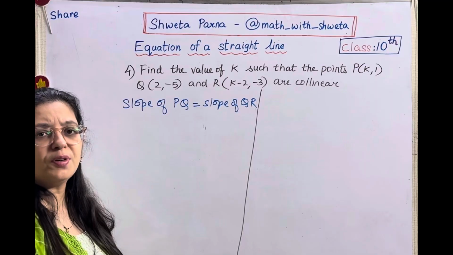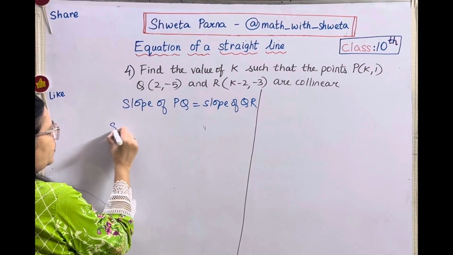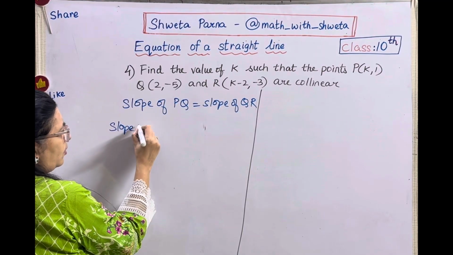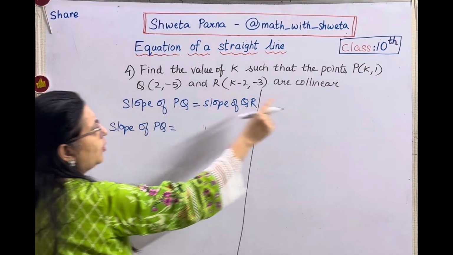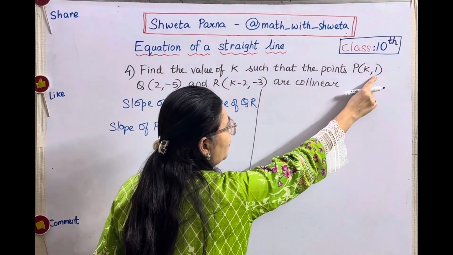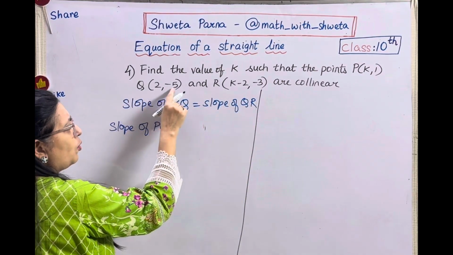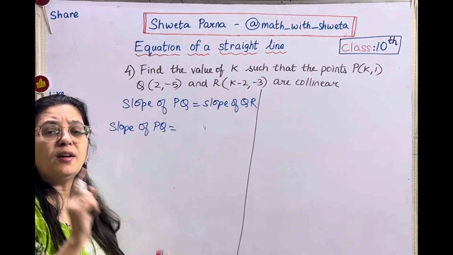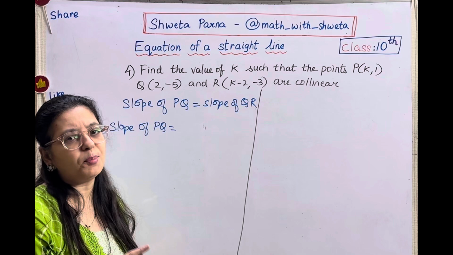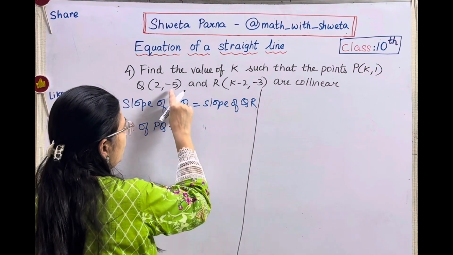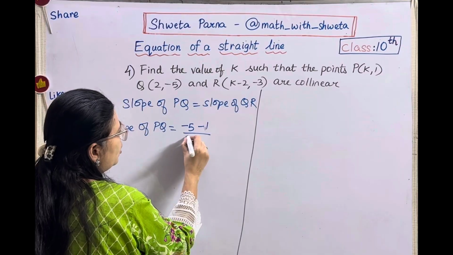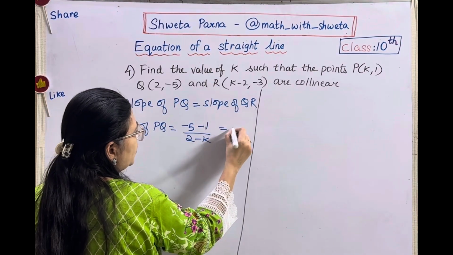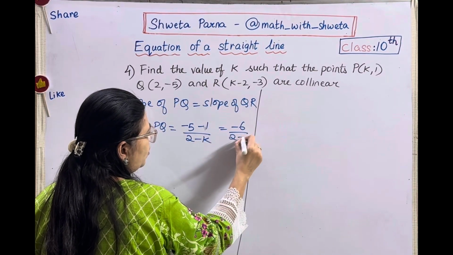Now first thing you will find the slope of PQ. What is the slope of PQ? Let's take this as x1, y1, this as x2, y2. What is the formula? (y2 minus y1) upon (x2 minus x1). So it is (minus 5 minus 1) upon (2 minus k), which is minus 6 upon (2 minus k).